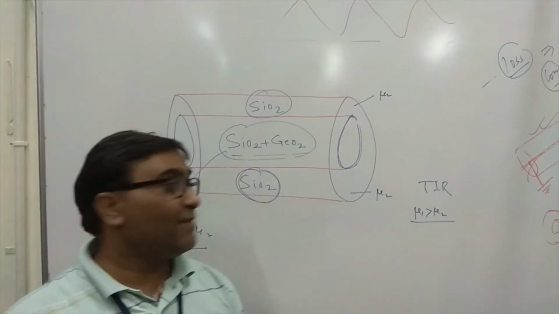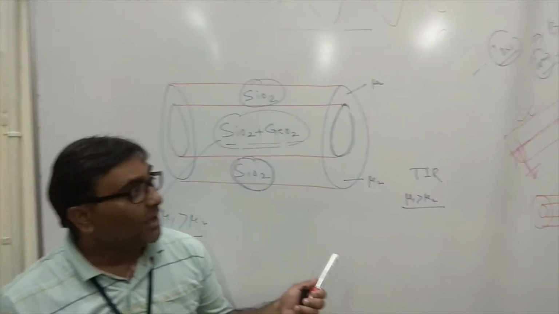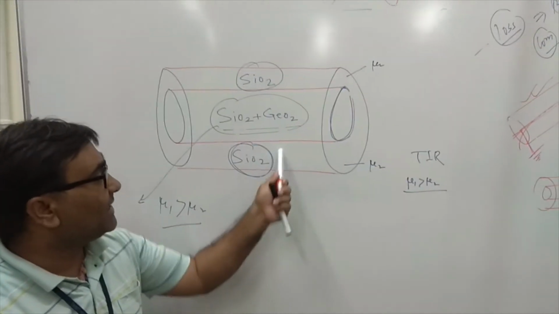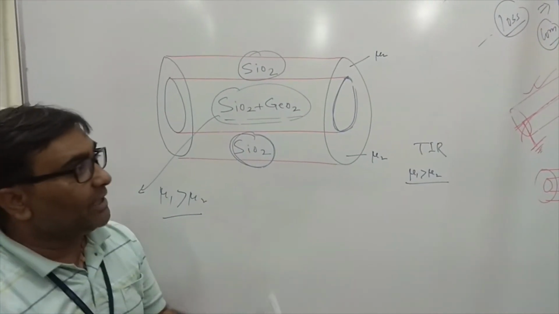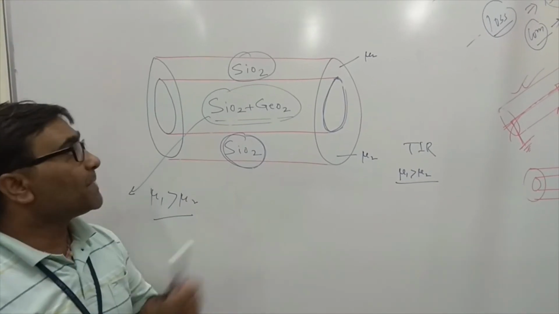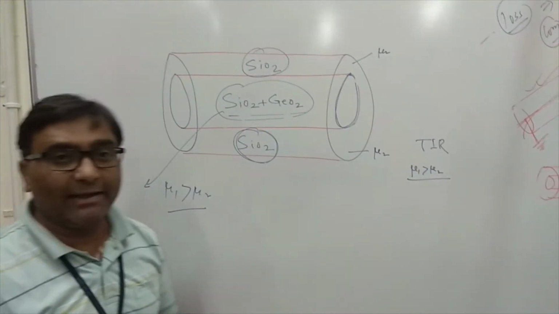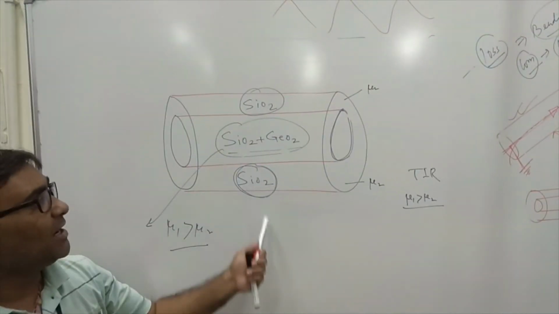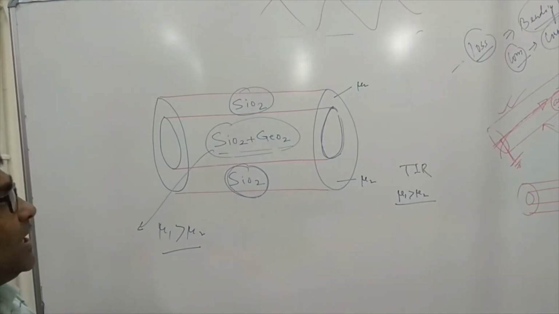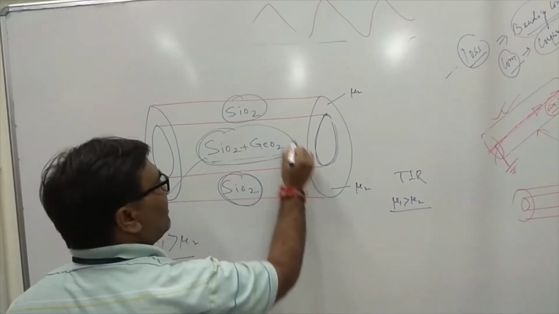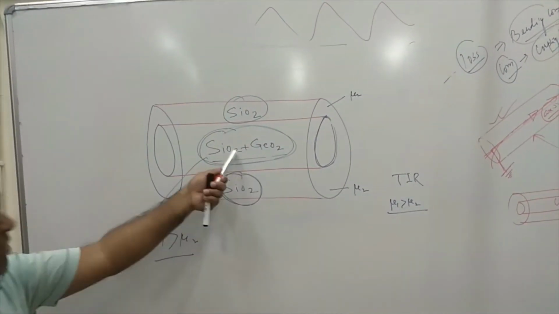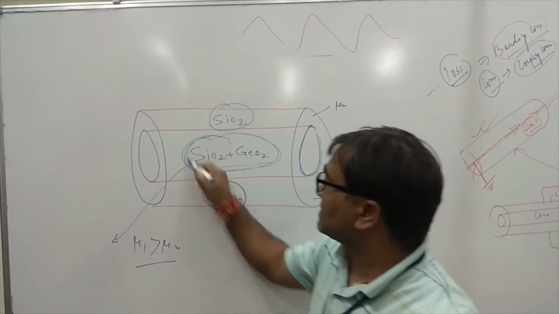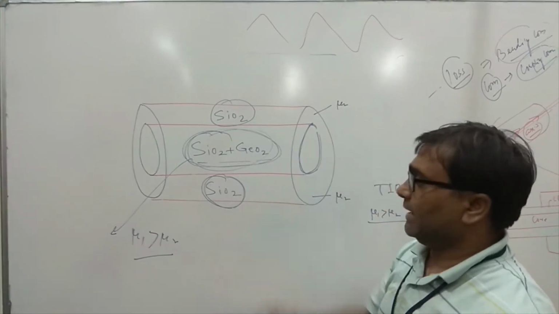Throughout life, no one will tell you why the core refractive index is higher than the cladding. Yes, they will tell you that for TIR the core refractive index is required to be higher than the cladding, but no one gives the actual practical reason, right? So here, always remember the basics. Since the core is a combination of two materials, its refractive index will be higher as compared to the cladding, right?